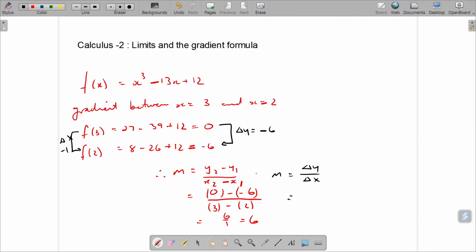So we're going to, again, get the same idea of minus 6 over minus 1, which is 6. And again, it should not surprise you that these two different methods gave us the same result.